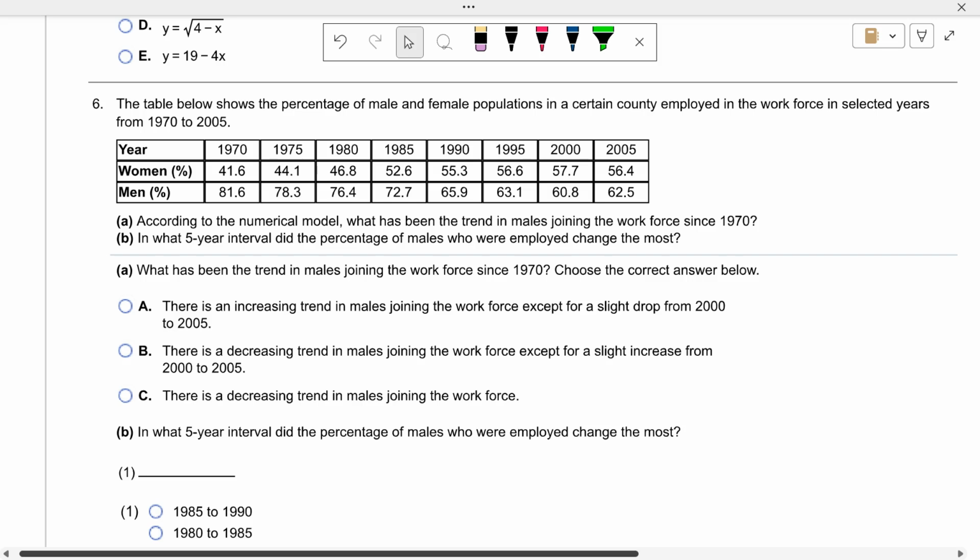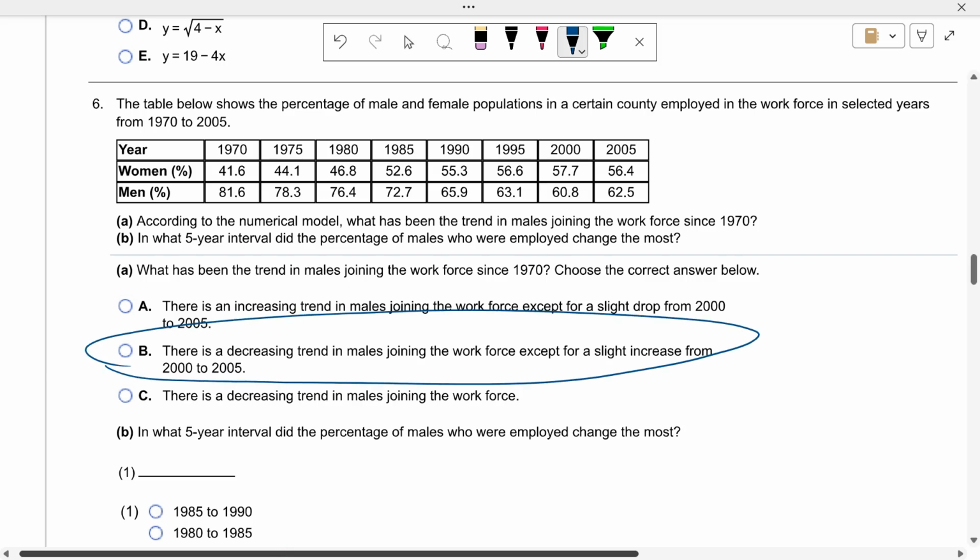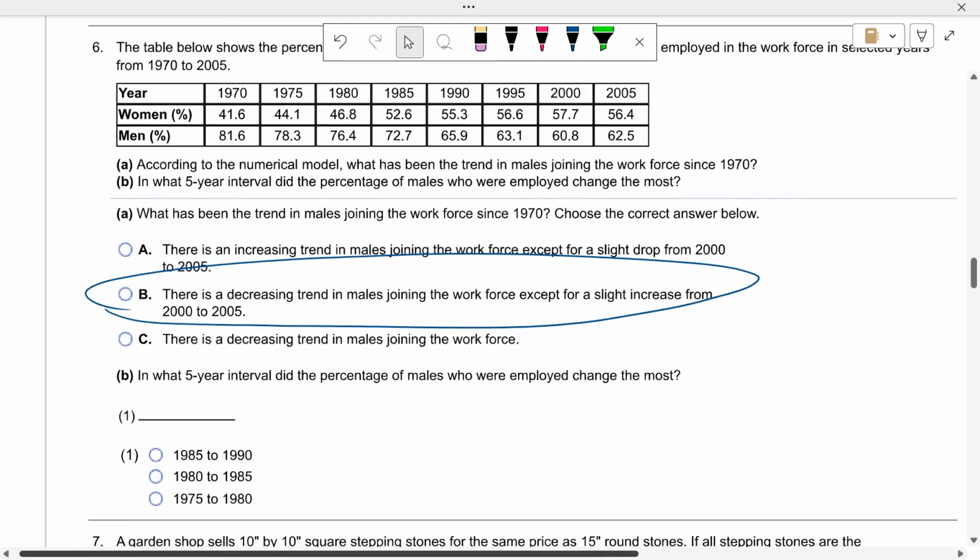What has been the general trend? Slightly decreasing. There's a decreasing trend in males joining the workforce, except for a slight increase from 2000 to 2005. Okay, so you'll be answering questions about this type of thing.